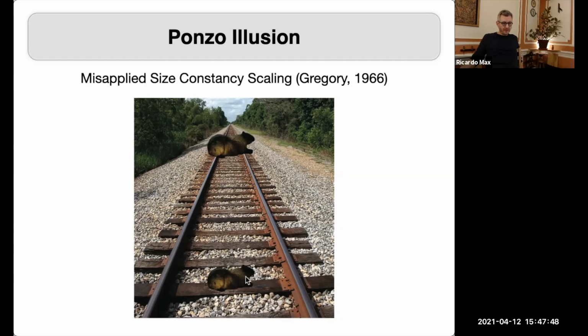This animal, which I don't know what it is, has the same size on our retina, but because of the perspective, this one feels much larger. It's called the Ponzo illusion.